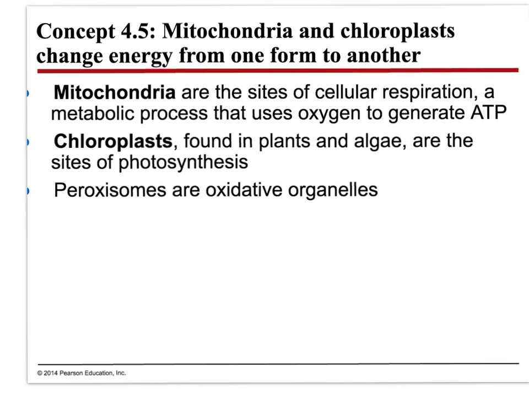I looked through most of your study guides, okay? Good stuff for the most part, but I do want to go over a couple of organelles that are important, especially for later on, what we're going to do in the next couple of chapters, when we talk about cell respiration and photosynthesis.